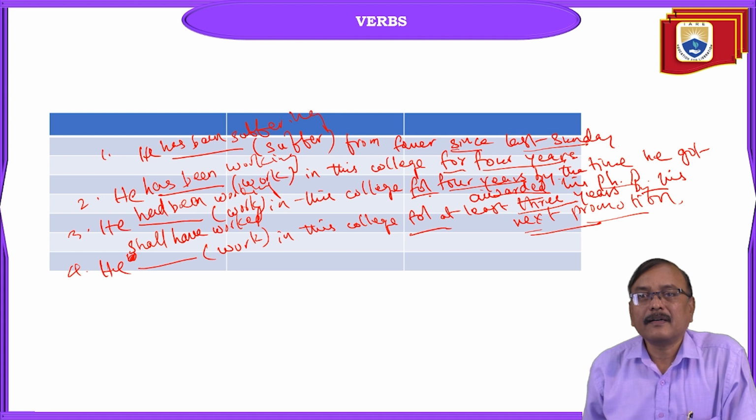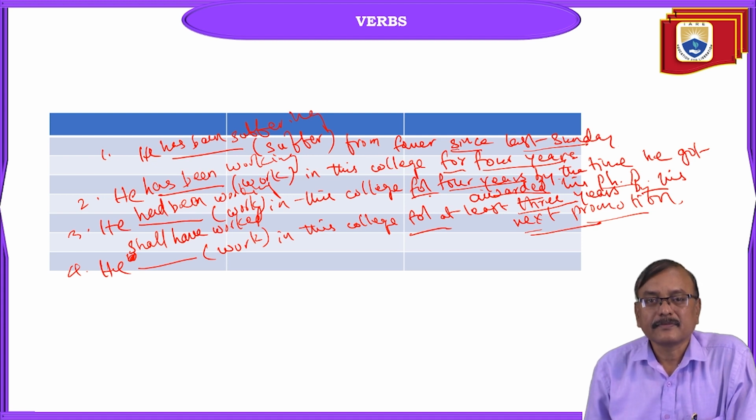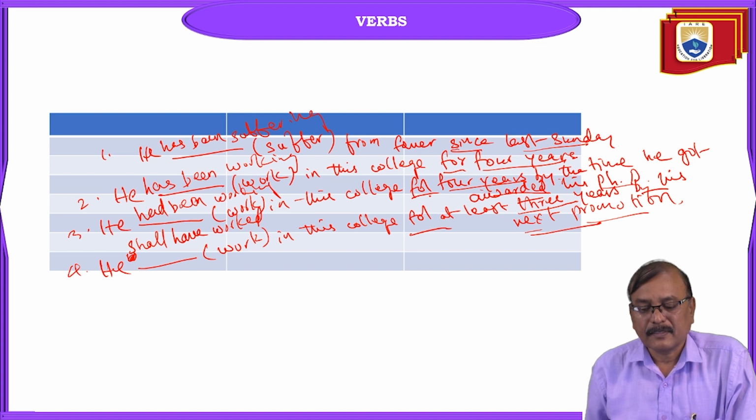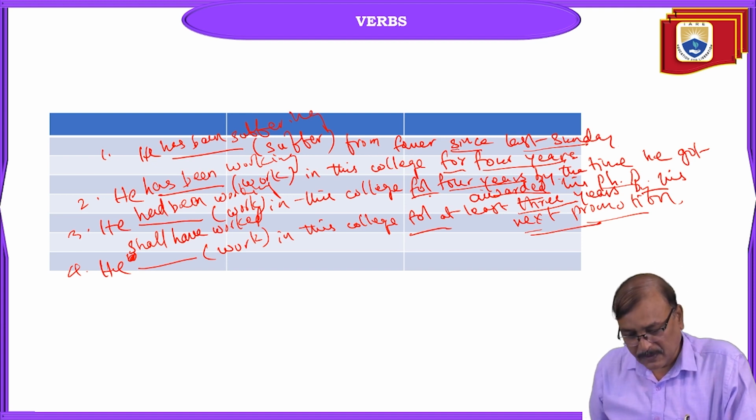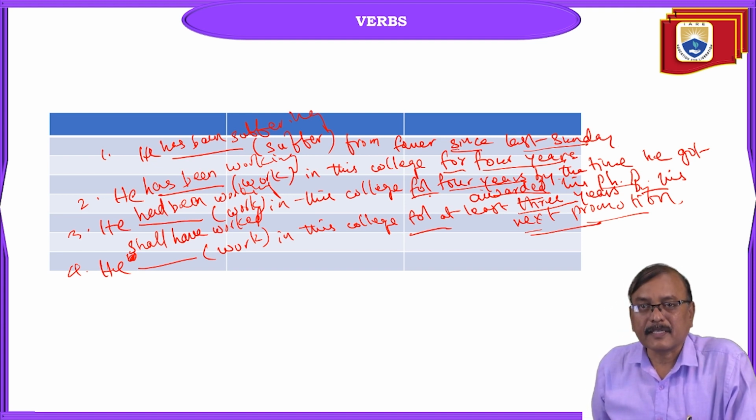Now, got it clear? How to identify? For plus time by future, future perfect continuous. For plus time by past, past perfect continuous. Just for plus time or since plus time, present perfect continuous. Now we shall move to next.